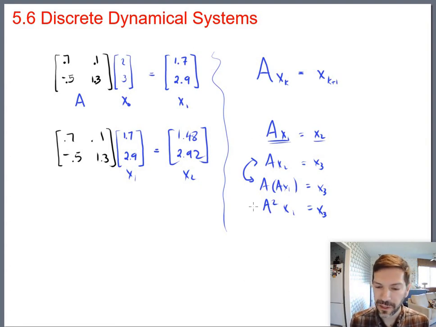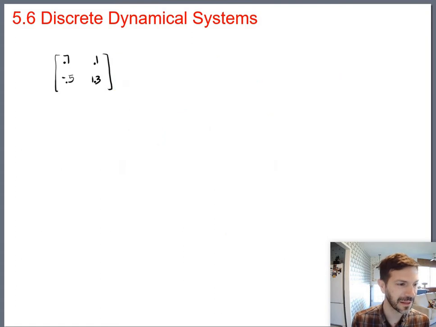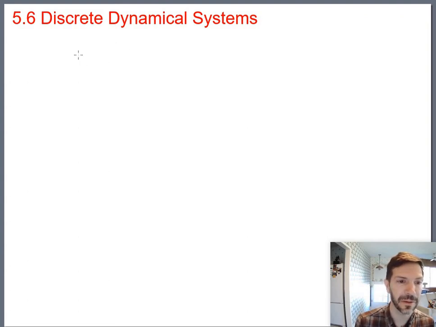We can do that directly, but we can also take advantage of the power of eigenvalues and eigenvectors. So let's take a look at a different example. Let's say in general that we want to do A to the 10th times x1, which would take us to x sub 11.